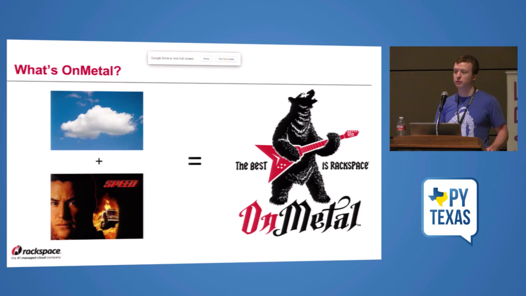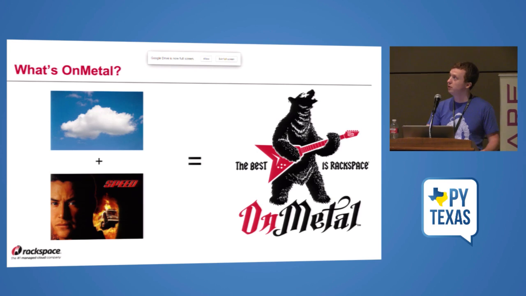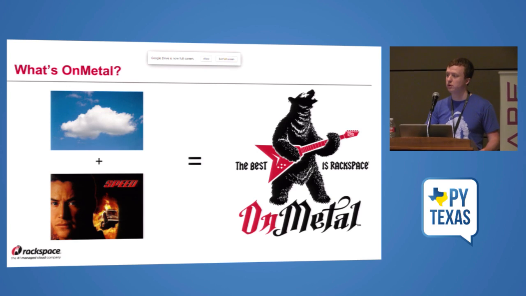And you can provision these machines within minutes. One such use case is if I have a ton of extra load on my website, and I need to handle that load very quickly. You can do that very easily by spinning up a new on-metal instance and getting way more power and bang for your buck than you would out of a VM.